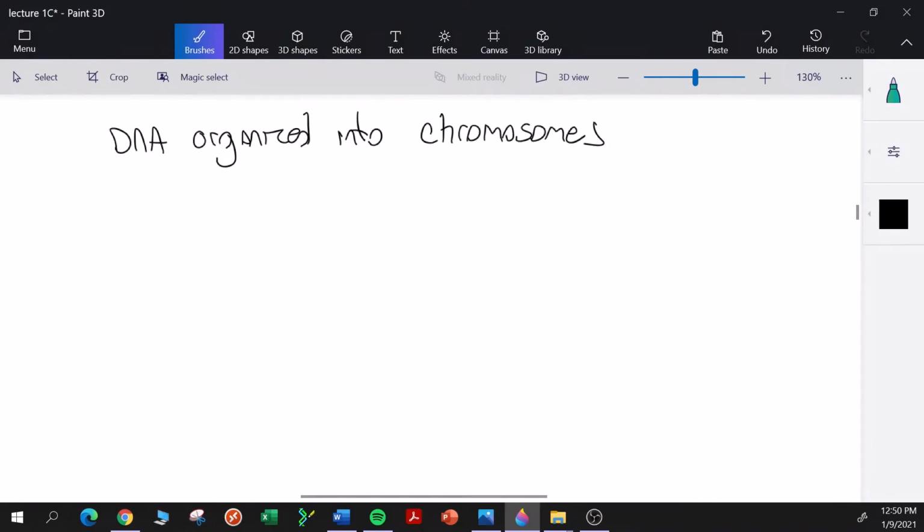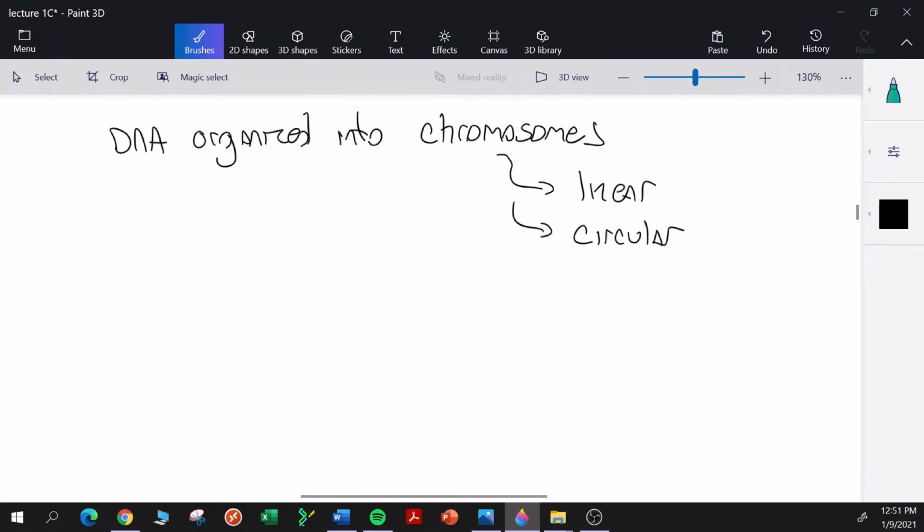So essentially, chromosomes are long DNA molecules. And chromosomes can be linear. They're typically linear in eukaryotic cells. We will see that our mitochondria have chromosomes also, and those are circular. But in prokaryotes, they're typically circular.